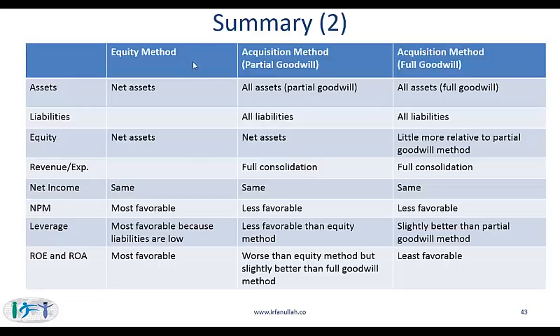The other category involves subjectivity, let's say there is 50% control, then a company might have a choice of using the equity method or the acquisition method, and you need to understand the impact on financial statement elements and financial statement ratios of the accounting choice. The choice being whether to use the equity method or the acquisition method. So what happens to the various accounting elements and then the ratios?